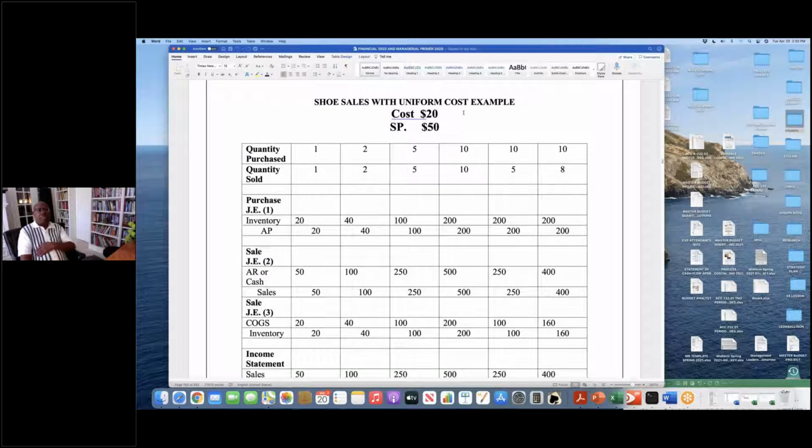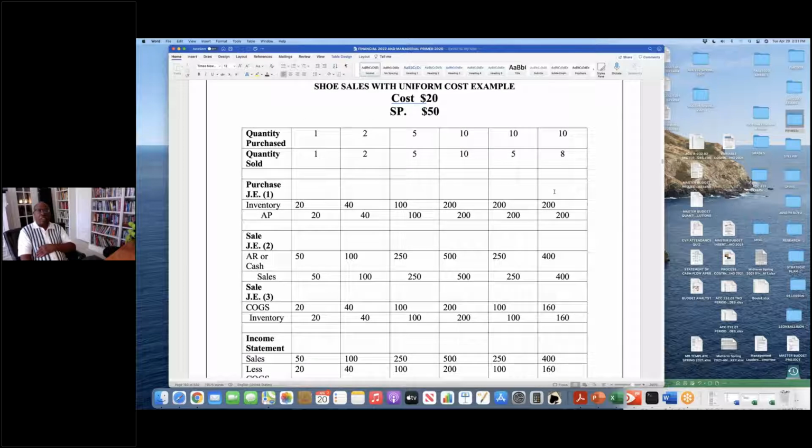And we did a simple example where we were selling shoes at a uniform cost. Looking at this scenario, we bought 10 pairs of shoes and sold 8. When we buy the shoes, we buy 10 at 20 for 200. Debit inventory 200, credit accounts payable. And we always are crediting accounts payable on the purchase of inventory.